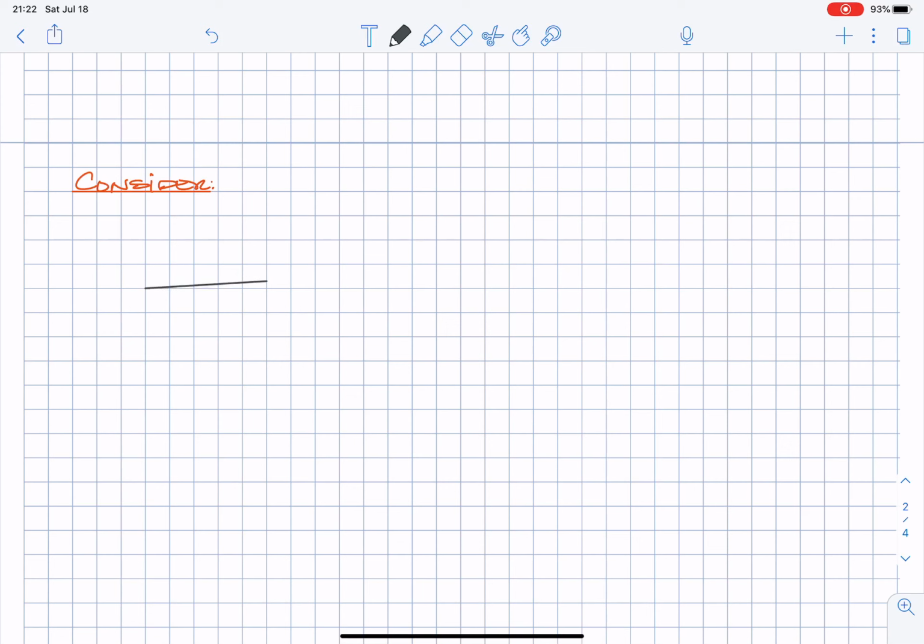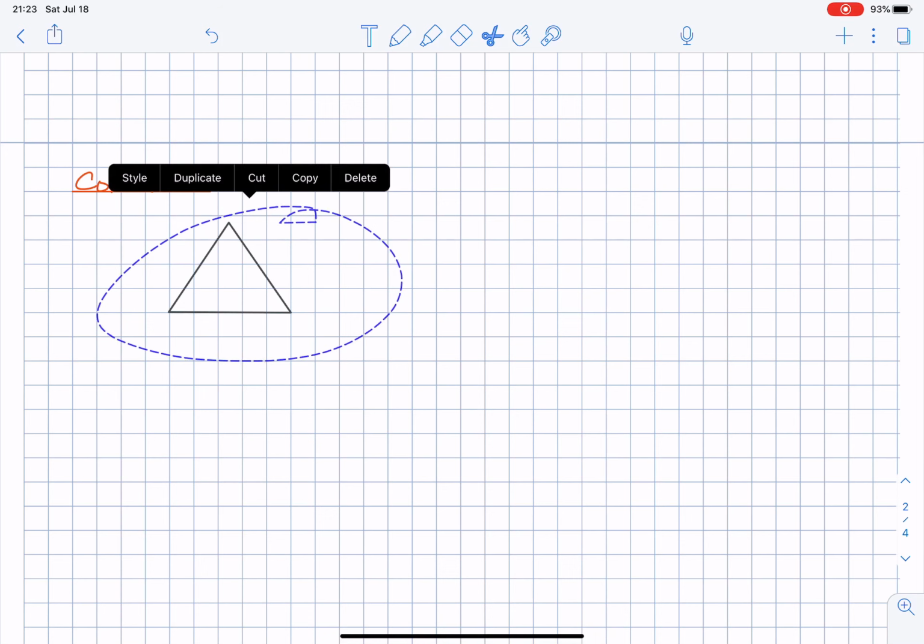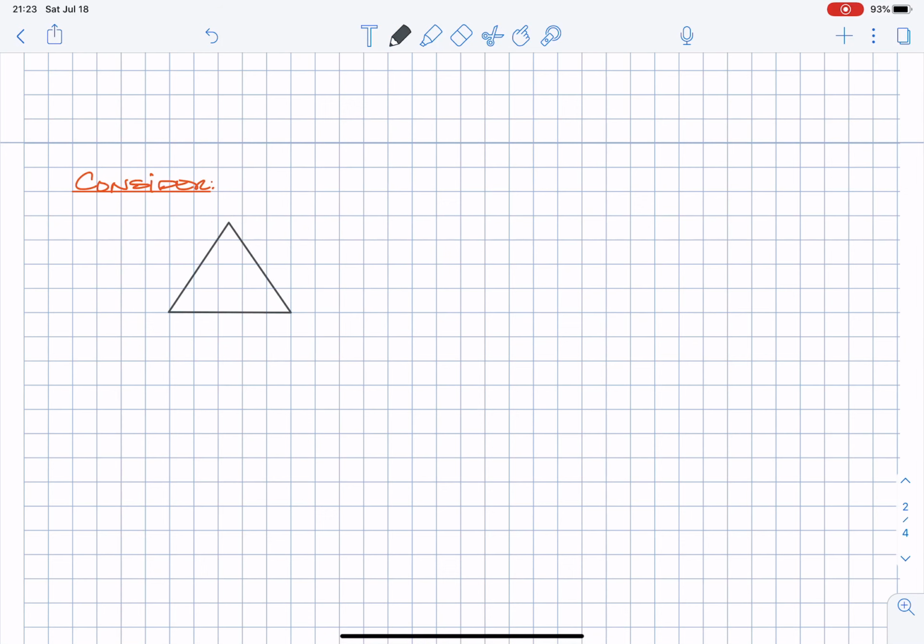Let's see if I can autocorrect to an equilateral triangle, maybe. 1, 2, 3, 4, 5 is my base. 2.5. Yeah, that looks almost like an equilateral triangle. So let me copy and paste this for later. Okay, so in an equilateral triangle, I know that each of the interior angles, their sum is 180 degrees, so divide that by 3. Each of the angles must measure 60 degrees.